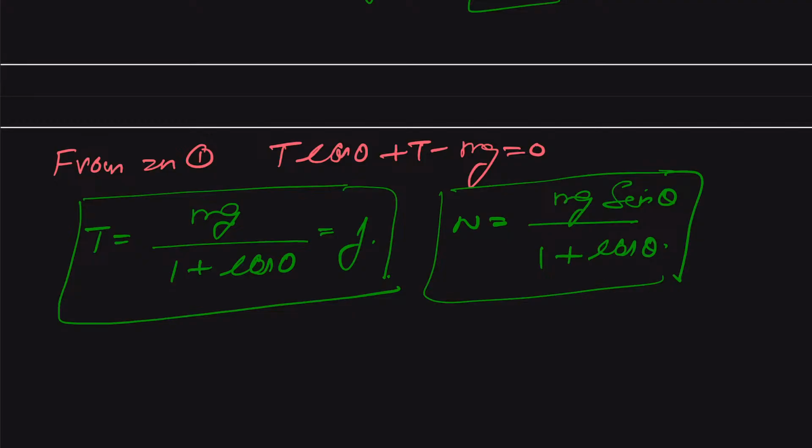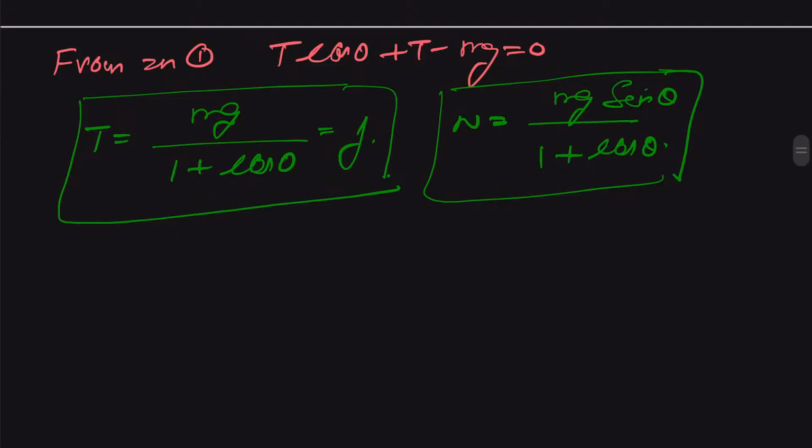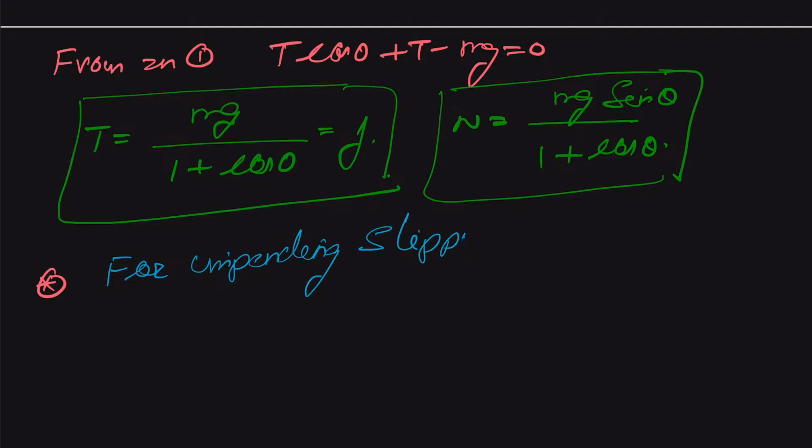But we are interested in finding the coefficient for the friction. Therefore, for impending slipping, our frictional force F should be less than or equal to the coefficient times the normal. That is our limiting value.